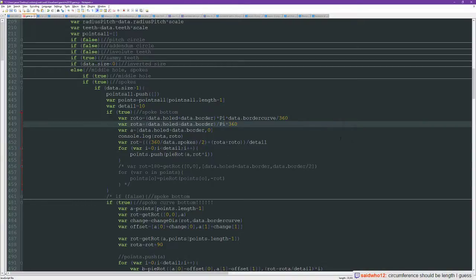Okay, so what is angle? What is radius? I'm confused.